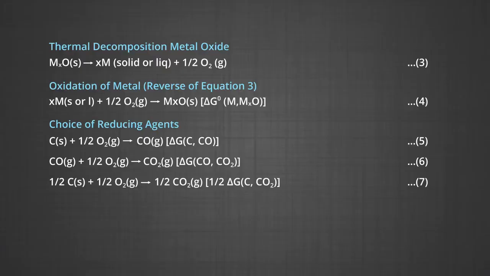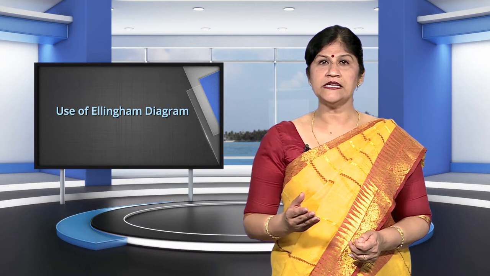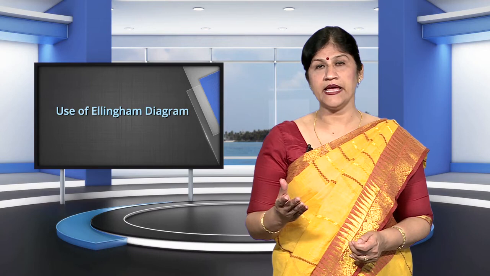As in the reaction, carbon reacts with gaseous oxygen to give carbon dioxide. On subtracting equation 4, that means adding the negative or the reverse form as in equation 3, from one of the three equations 5, 6 or 7, we get respectively the following reactions, numbers 8, 9 or 10.